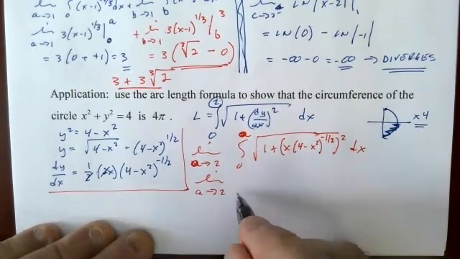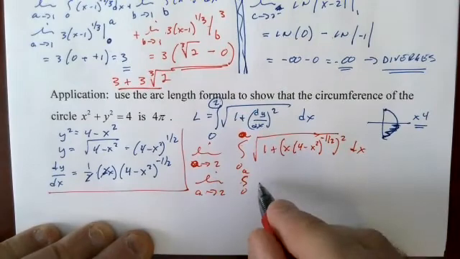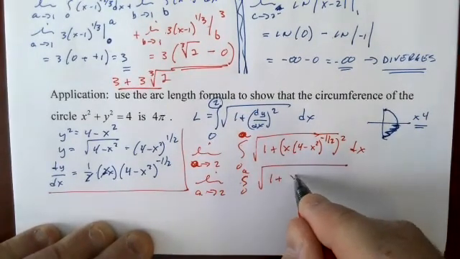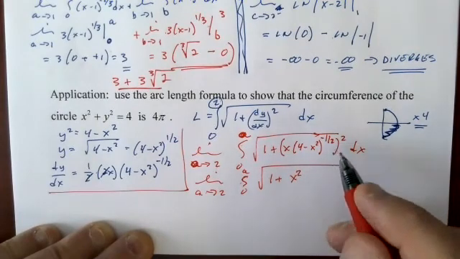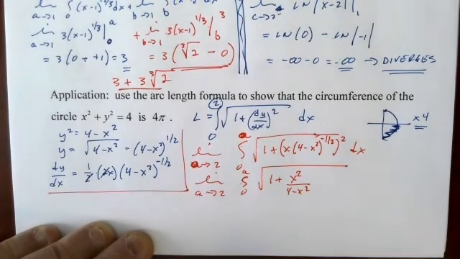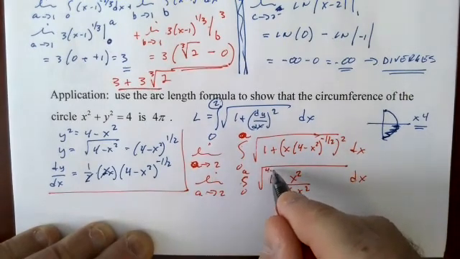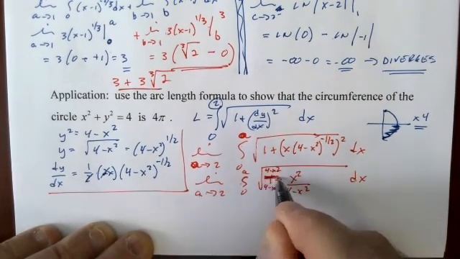Get sloppy here, apologies. Square root of 1 plus x squared over 4 minus x squared, dx. 4 minus x squared over 4 minus x squared.